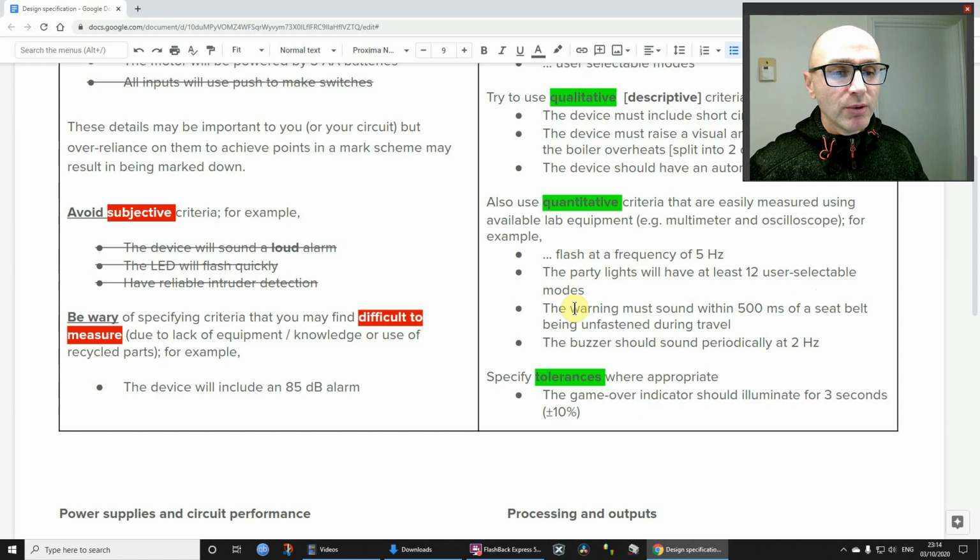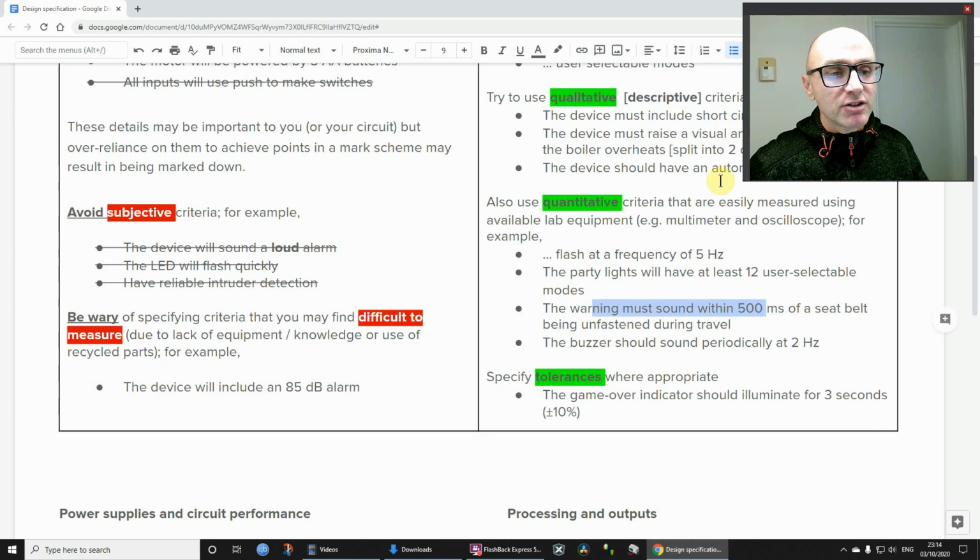For example, the warning must sound within 500 milliseconds, half a second in other words, of the seatbelt being unfastened during travel, okay? And the way we would probably do that, there would be a sensor on the seatbelt. There would obviously be an output transducer, like a buzzer or some other sounder, which is going to make the noise. And then we have the probe on each one.